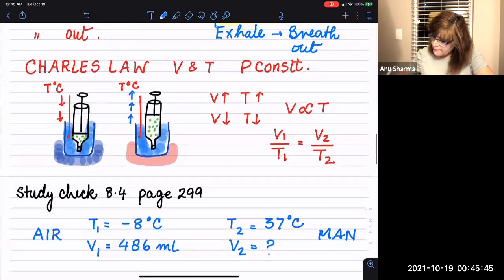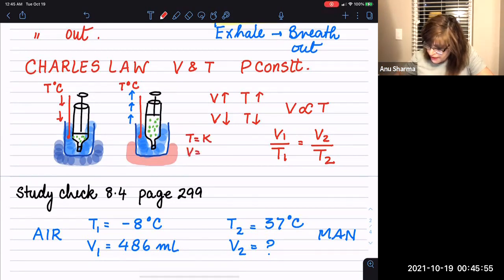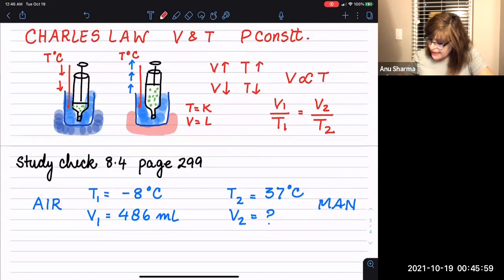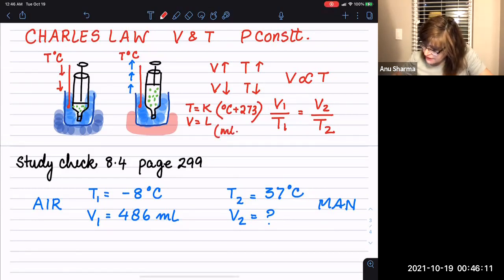Now, something important to point out is that the temperature should always be in Kelvin, and ideally volume should be in liters. Temperature in Kelvin means that anytime you have degrees Celsius, you're going to add 273 to it, and that's going to make the temperature Kelvin. And if something is given to you in milliliters, you're going to multiply that by 1 liter over 1000 milliliters to do this conversion.